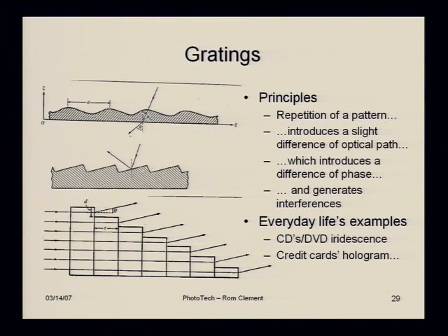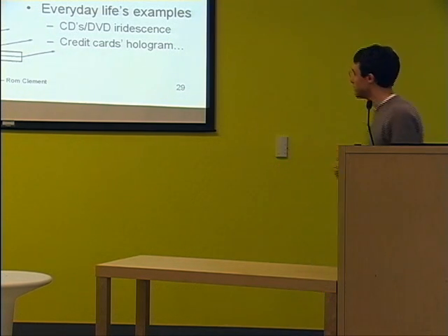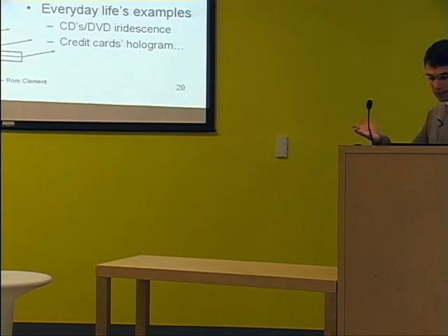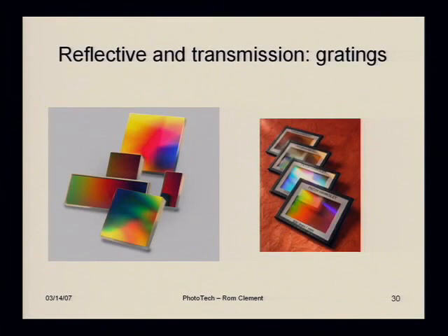And a very common example of gratings are CDs and DVDs. Because we have this repetition of lines on a CD or a DVD, or also on credit cards and holograms, we can see the iridescence on these devices. So this is, for instance, what gratings look like.